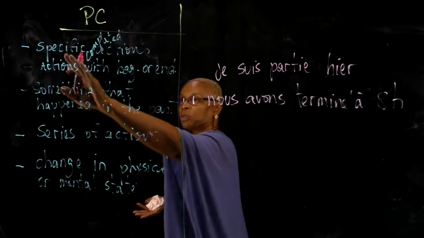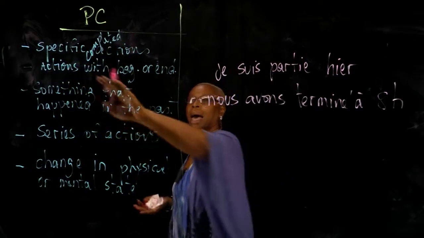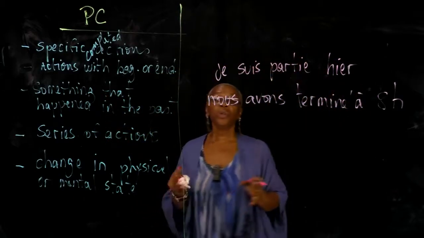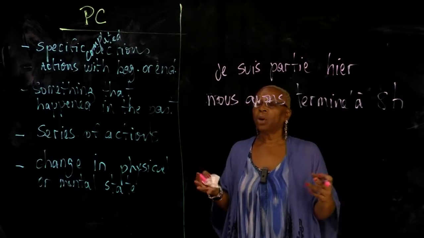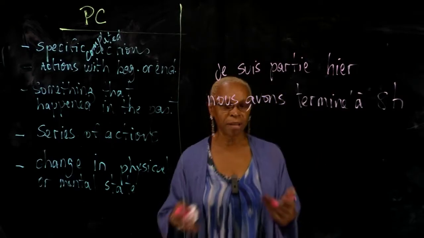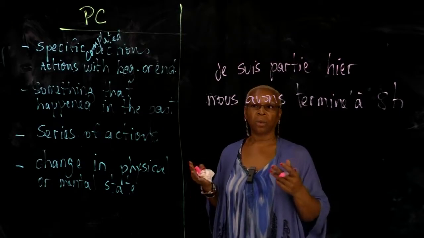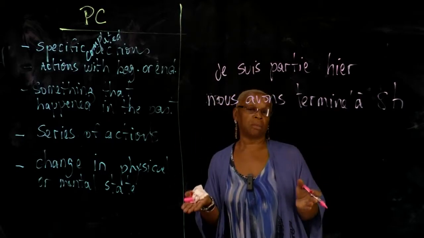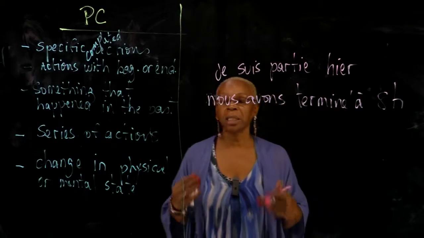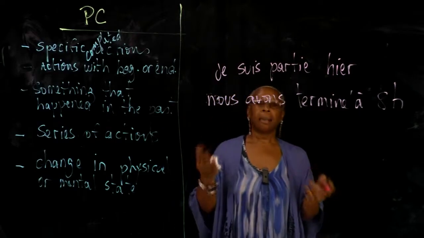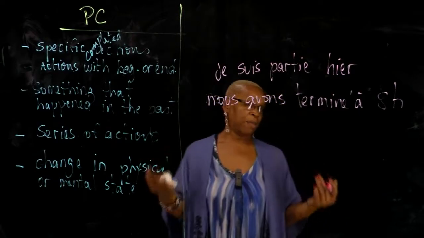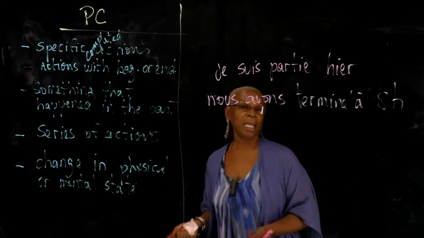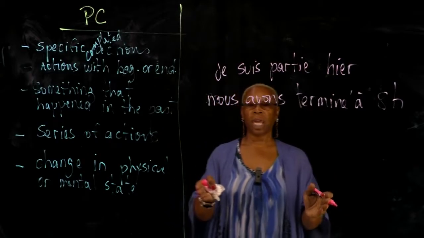So use passé composé for specific completed actions, actions with a beginning or end, things that happened in the past. Or you use it for a series of actions. Let's say you want to say this morning, I got up at 5, then I took a shower, went to the kitchen, I ate breakfast, I played with my dog, after that I brushed my teeth and got my bag, got my car keys, got in my car and drove to campus.